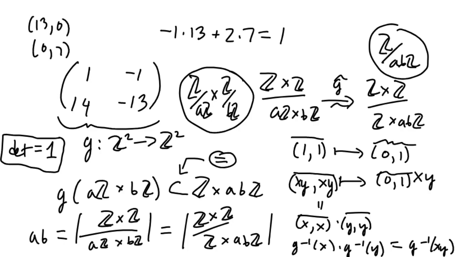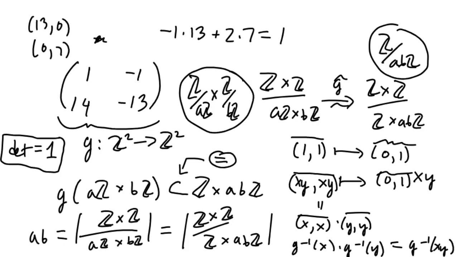If you plug these guys into this matrix, you actually will get something in here. Try it, (13, 0). It doesn't matter what you get in the top element, just the bottom element, because it's AB, it just needs to be a multiple of AB. That's all I have to check.